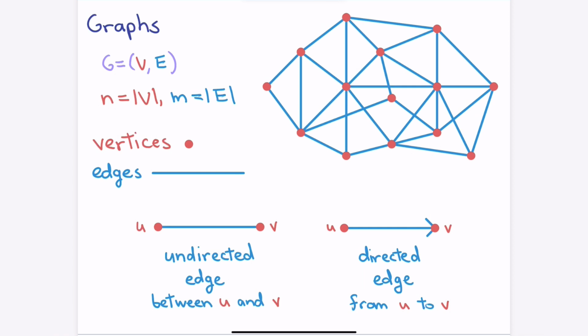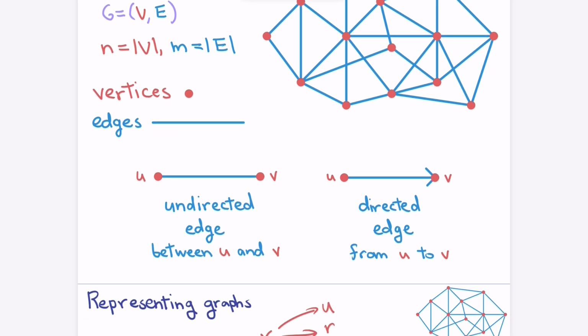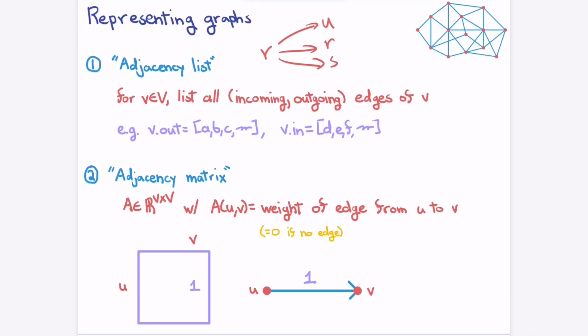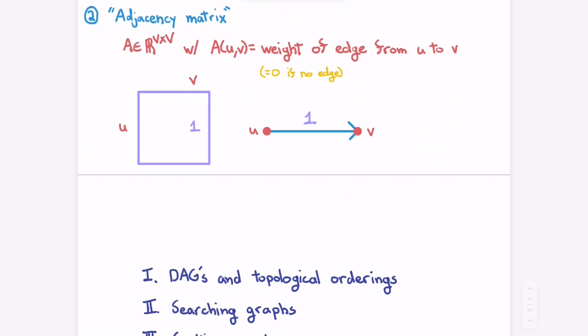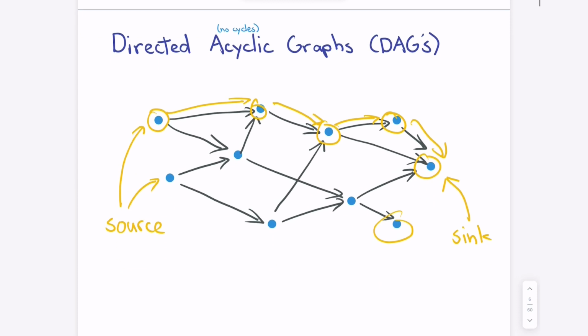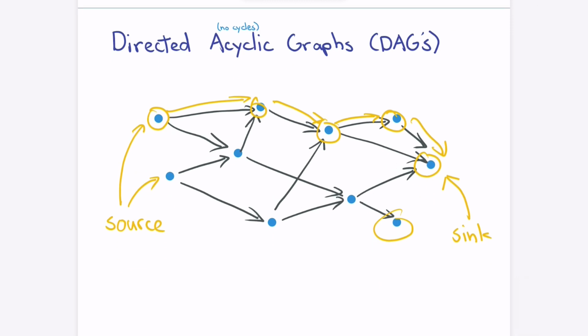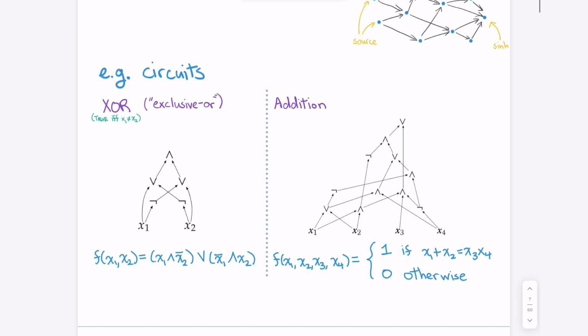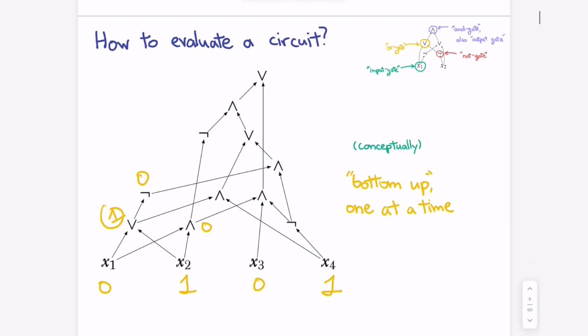Yeah, so graphs are these combinatorial objects. I'm sure most of you have seen them in some form before. You've definitely seen pictures of them. And we can represent them with lists or adjacency matrices. And what we discussed last time was graphs with no cycles in them. For example, they come up when you look at circuits.